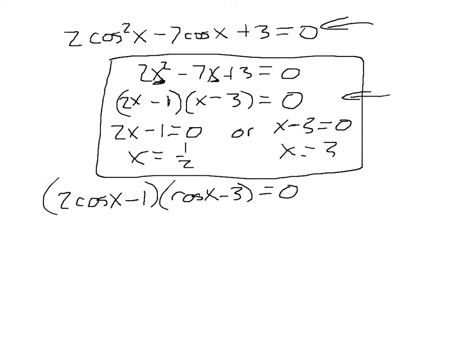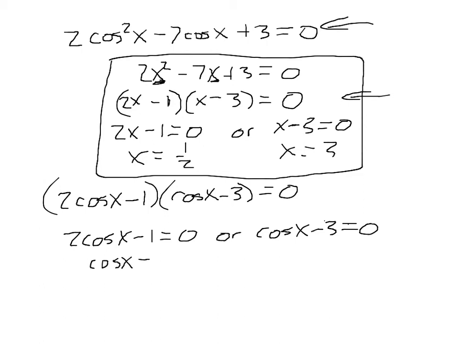And we still use our zero factor theorem. 2 cosine x minus 1 equals 0, or cosine x minus 3 equals 0. And so now at this point, we have 2 equations to solve, and so we would have cosine x equals 1/2, or cosine x equals 3.